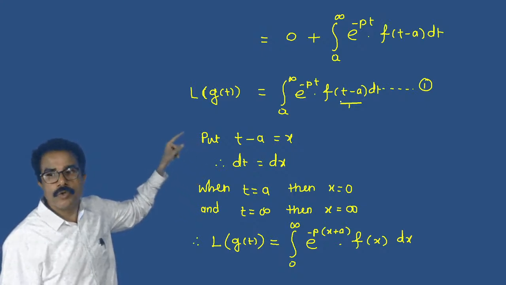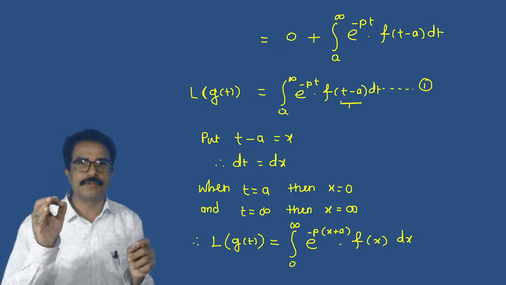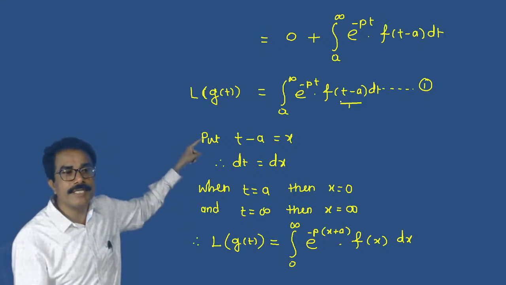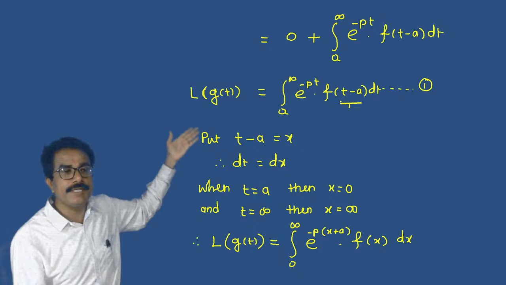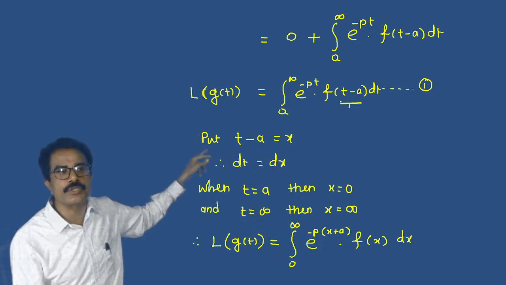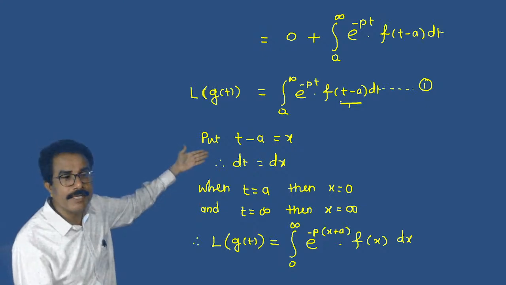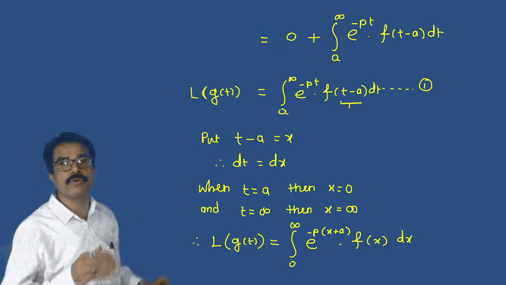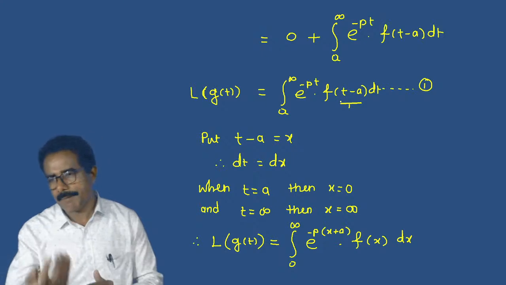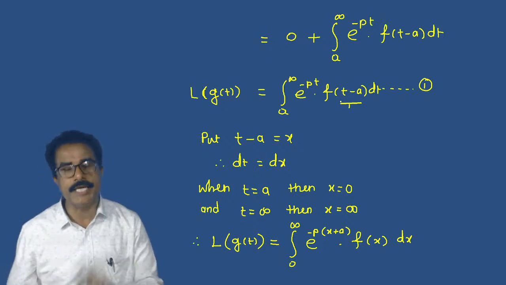The given limits are for t, that is, t is equal to a to t is equal to infinity, but since we are changing the variable, we have to find the lower and upper limits corresponding to the given limits.